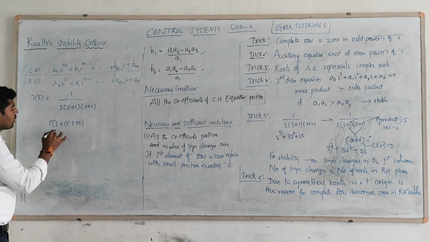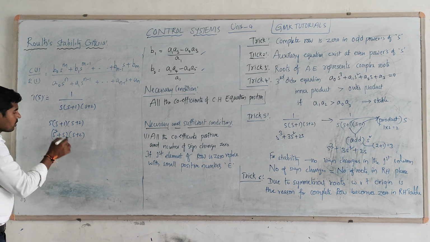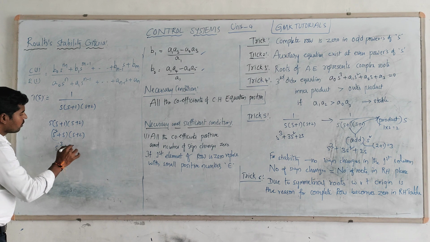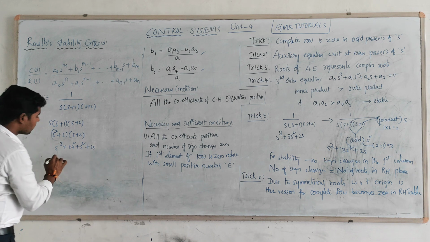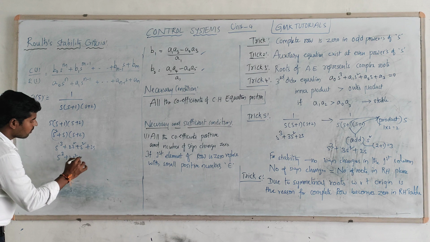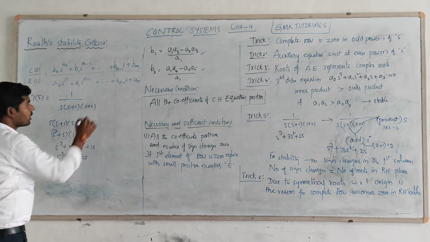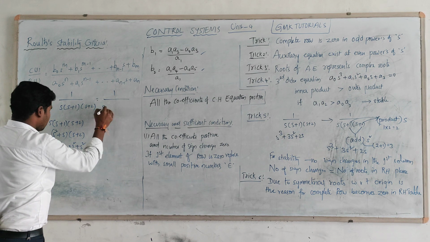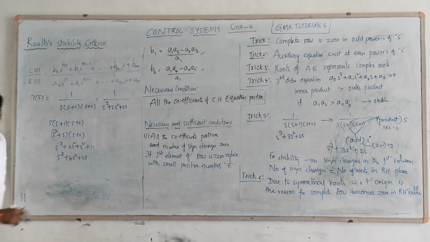So S square plus S into S plus 2, that is S cube plus 2S square plus S square plus 2S, equal to S cube plus 3S square plus 2S. So this is the denominator of the transfer function, therefore that is equal to 1 by S cube plus 3S square plus 2S. That is the denominator of the equation.